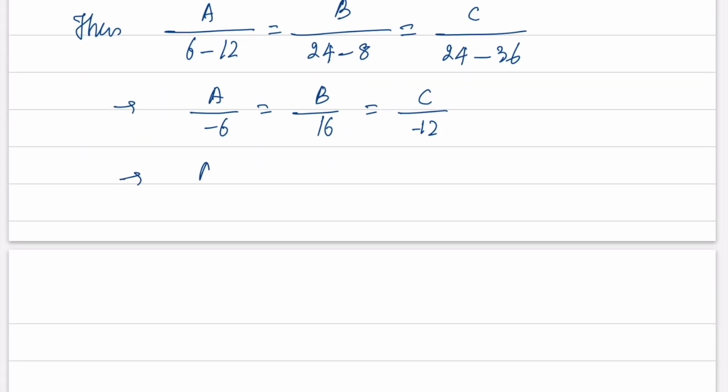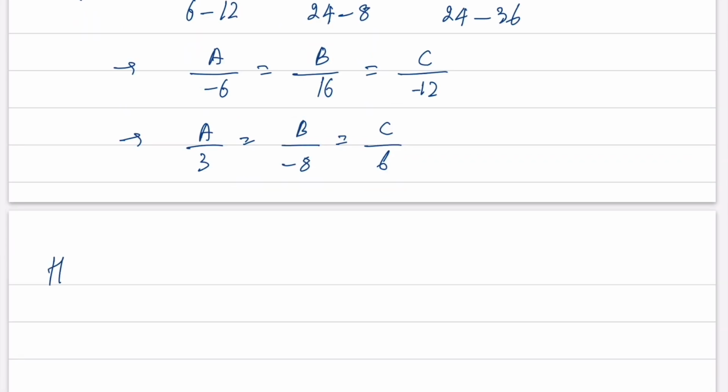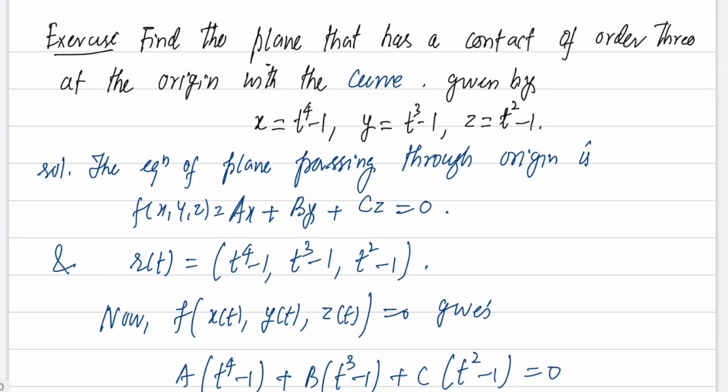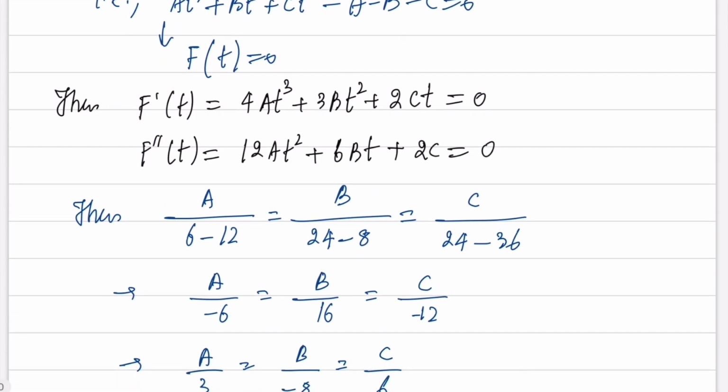We can write this as a by 3, b by minus 8, and c by 6, dividing each by 2. So hence the plane is 3x - 8y + 6z = 0. This is the required plane that has a 3-point contact with this curve given with this parametric equation.